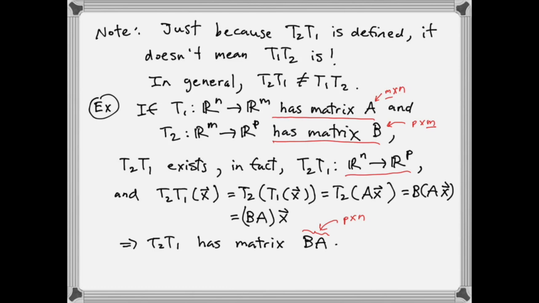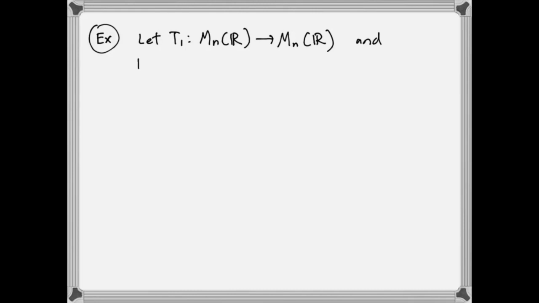Let's try another example. Let T1, which goes from MnR to MnR, and T2, which goes from MnR to R, be given by the following.